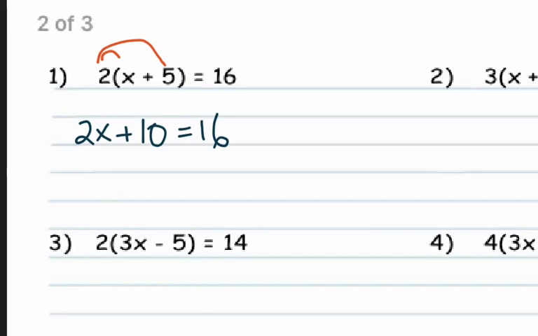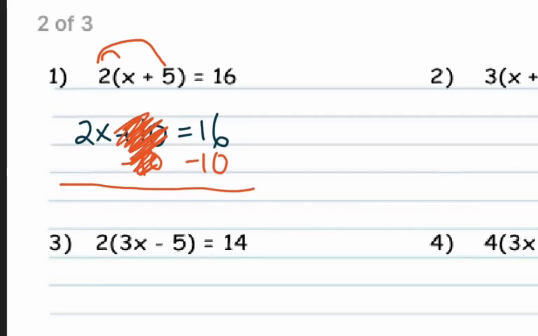So now it looks like exactly the same type of equation that we just finished. So we're going to subtract 10 from both sides. And these 10s go away completely. And then we get 2x equals 6. And then we divide by 2. And these 2s go away completely. And we get that x equals 3.